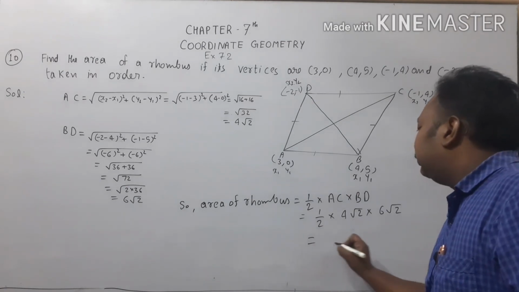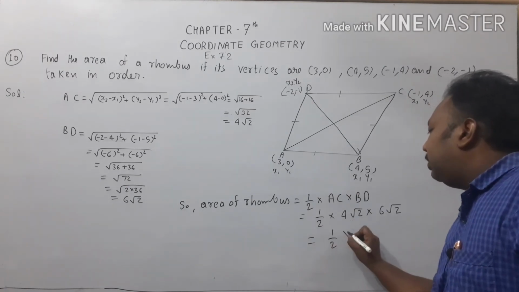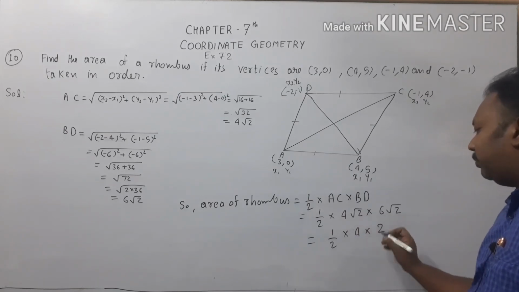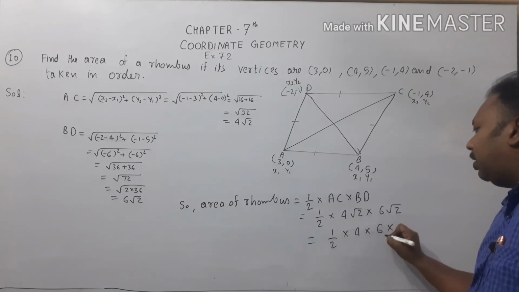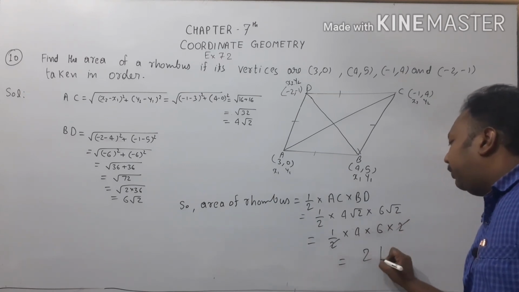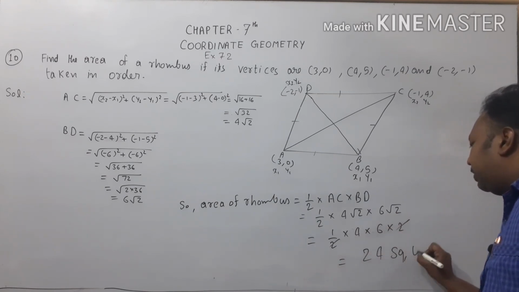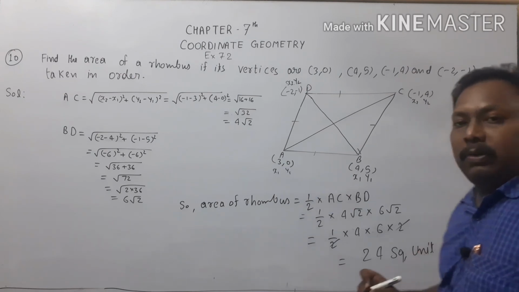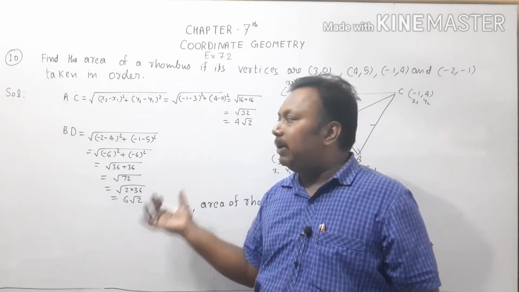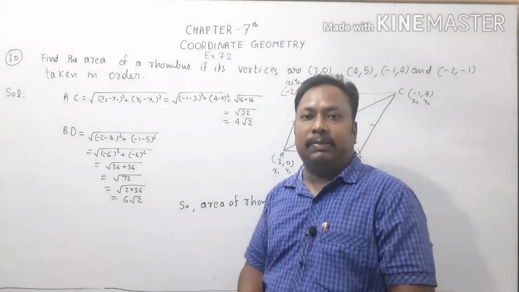So 1/2 into 4 into 6 and root 2 times root 2 is 2. 2 is cancelled with 2. 24 square units. So I hope you understand the whole exercise. So complete this exercise, very important exercise. Thank you.